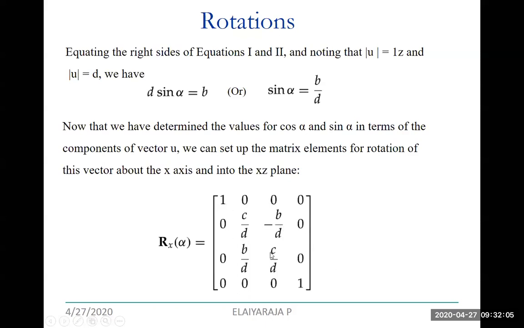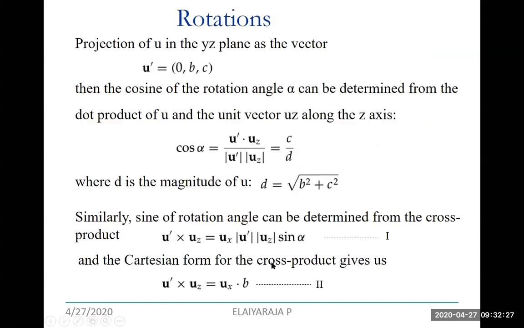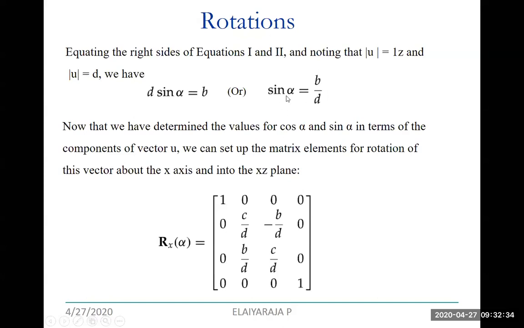Okay, here cos theta is going to be c by d, and minus sin theta is going to be minus b by d. Then sin theta is b by d, and cos theta equal to c by d, which we already defined here as cos alpha and sin alpha.